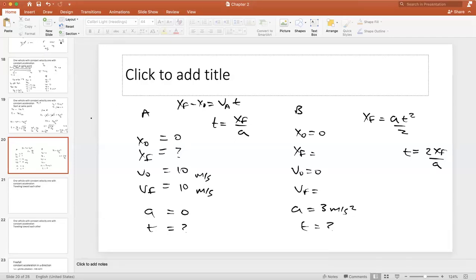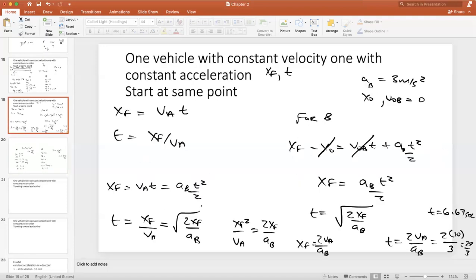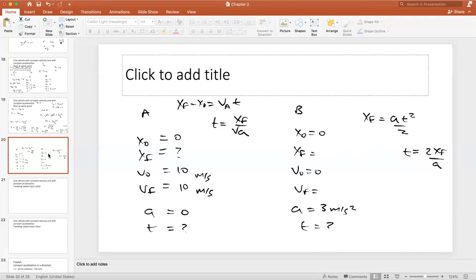So how did I get a weird 2 in here? Setting those t equations equal, I forgot my square root. So I get that x final over vA is equal to square root of 2x final over a.